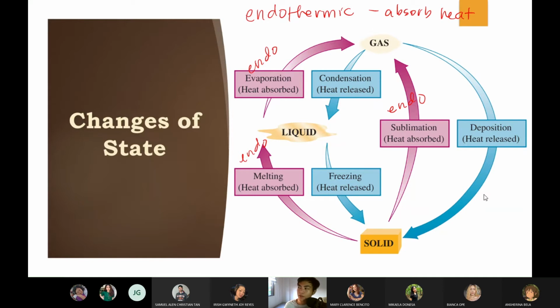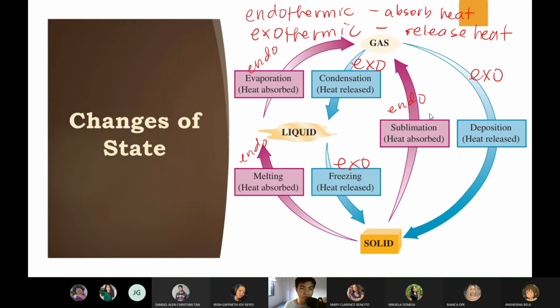However, yung reverse naman, yun ay exothermic. So hindi yan yung K-pop group. So, exothermic, ibig sabihin yan, release energy or release heat.